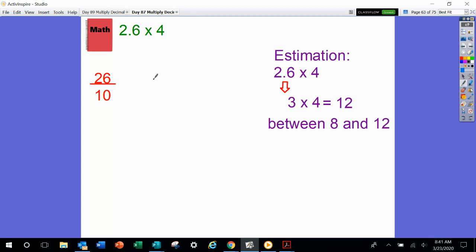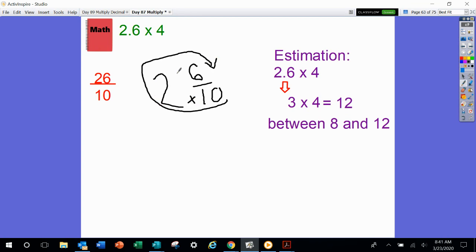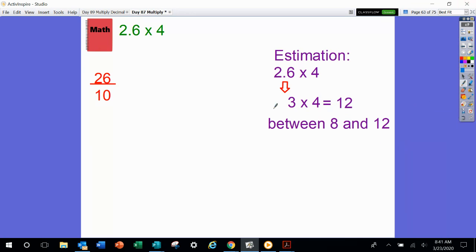Because if I did 2 and 6 tenths, and I did my Ferris wheel, 10 times 2 is 20, and 20 plus 6 is 26. Okay? So now I have 26 tenths.